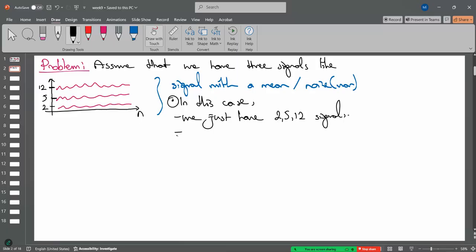Okay, and also these 2, 5 and 12 should be learned in here, because the other parts are the noisy ones. Okay, and so the main problem is how can we do that?